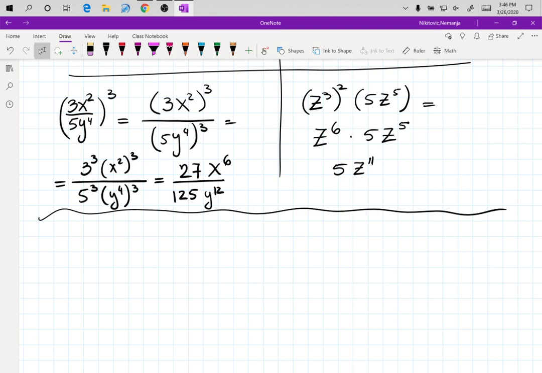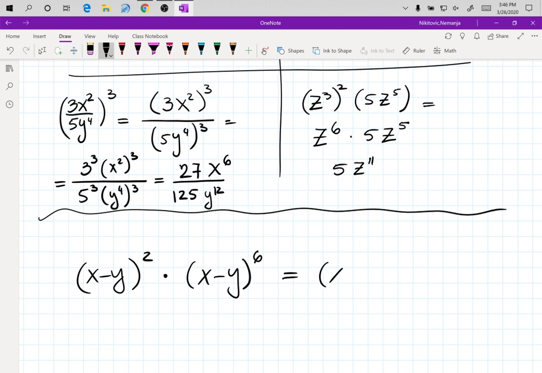So one of the things is, if you have x minus y squared, and you multiply that by another x minus y to the 6th power, altogether you have 8 of them. So you are applying the same rule.